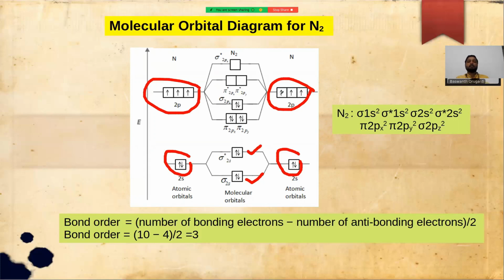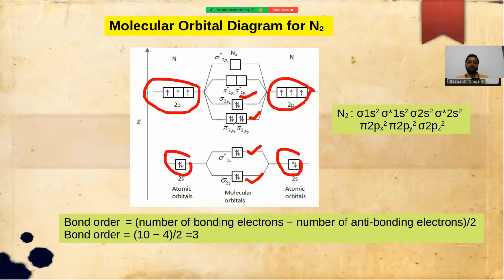Similarly, the p orbitals combine to give both sigma 2p orbitals and pi 2p orbitals. Here, in the case of nitrogen, the pi 2p orbitals are lower in energy than the sigma 2p orbital. So we have a total of 6 electrons. The two pi 2p molecular orbitals are degenerate.